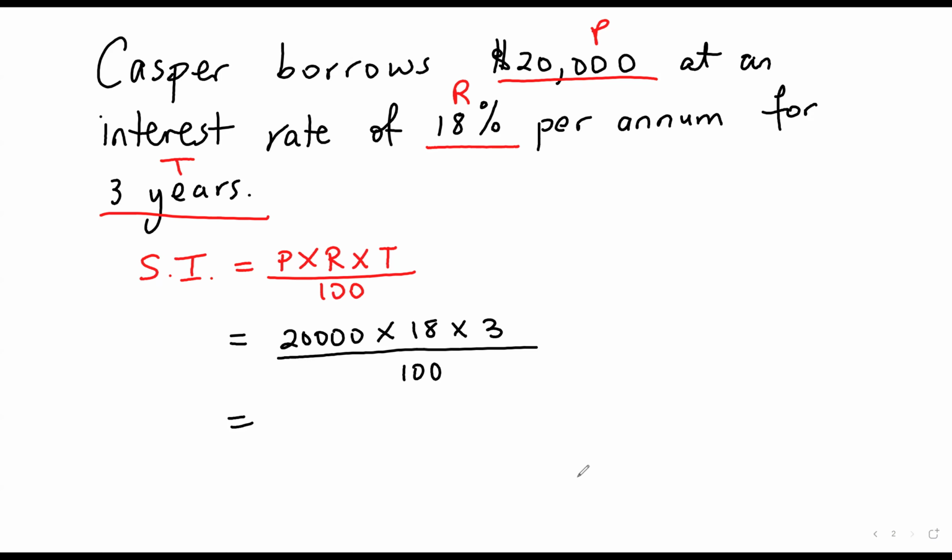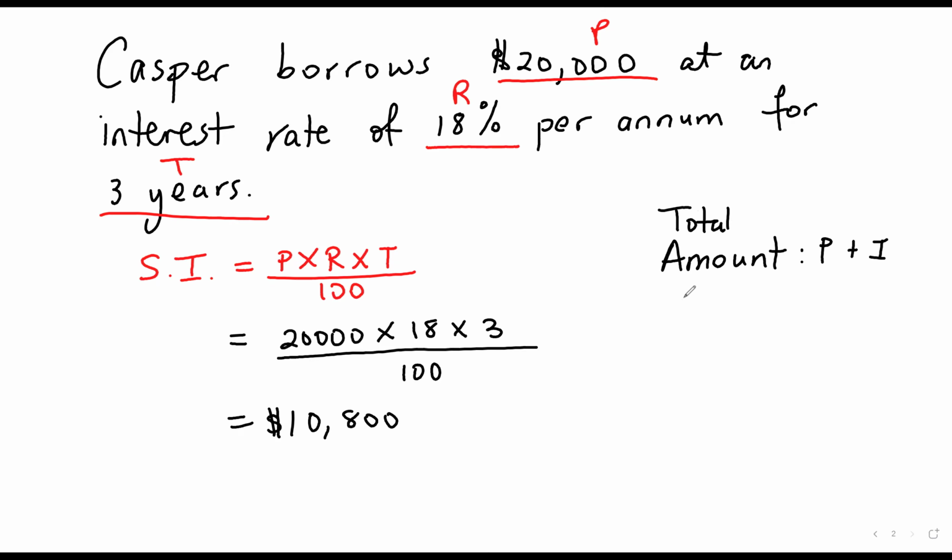Anybody calculated it? 20,000 times 18 times 3. Yeah, 10,800. Right. So the interest that Casper will have to pay back on his loan of $20,000 will be 10,800. So the total amount that he would have to pay at the end of the 3 years will be the principal plus the interest.